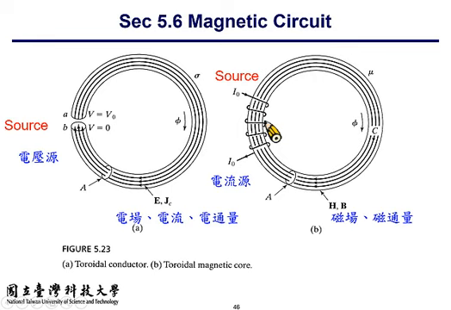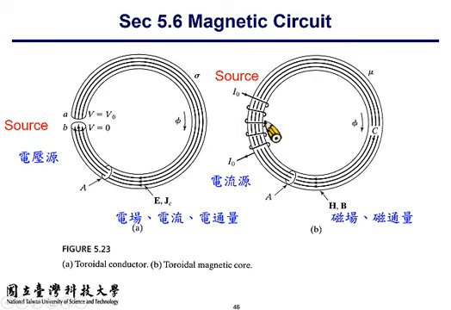All right, so let's move on to section 5.6. We will introduce the idea of magnetic circuit. And here, this figure compares the conventional electrical circuit with magnetic circuit. I suppose you guys are quite familiar with electrical circuit because an electrical circuit is driven by a voltage source.